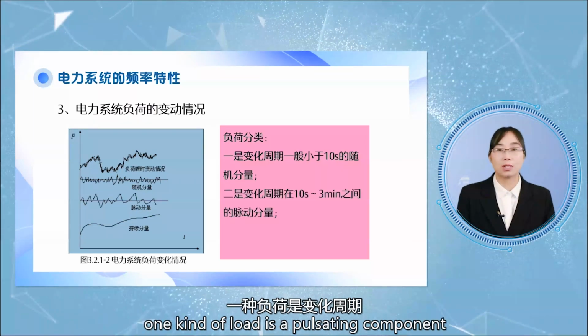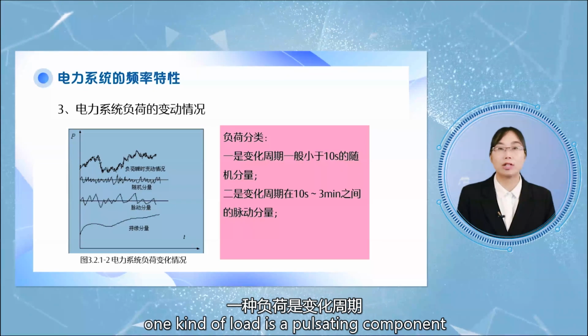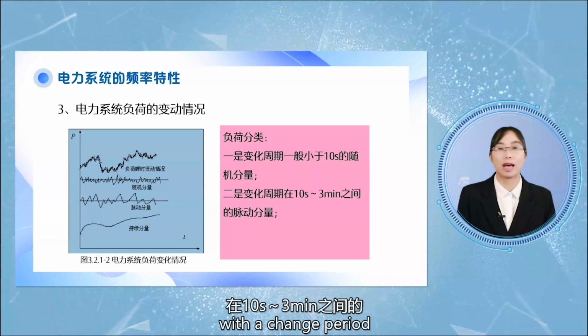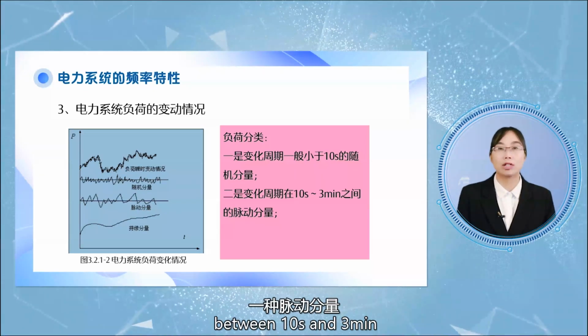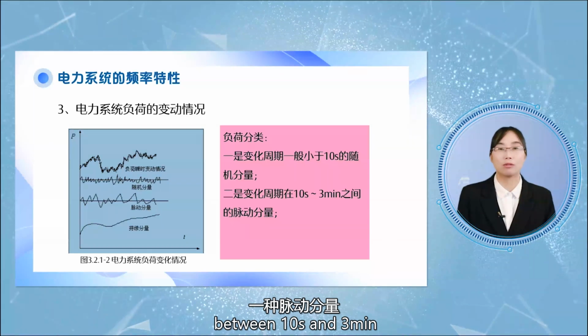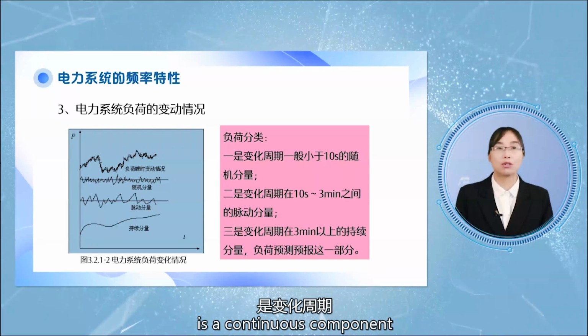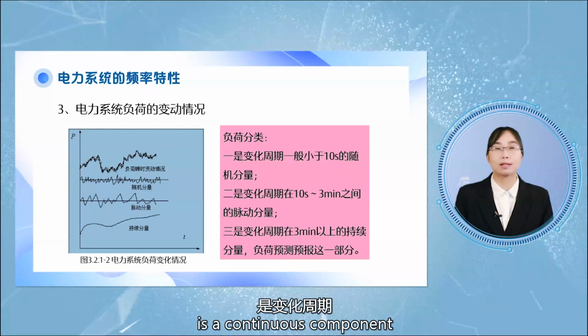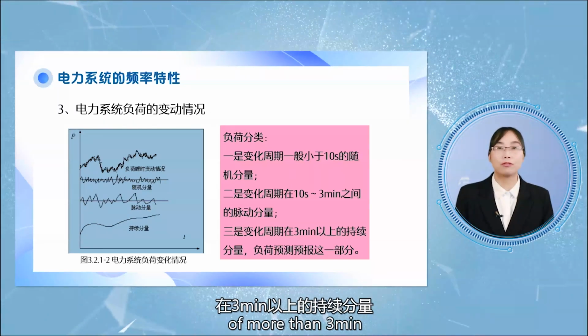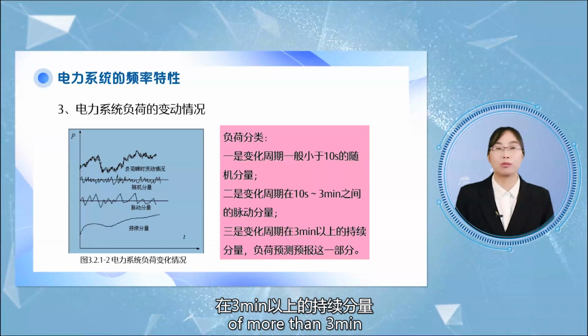One kind of load is a pulsating component with a change period between 10 seconds and 3 minutes, and one kind of load is a continuous component with a change period of more than 3 minutes.